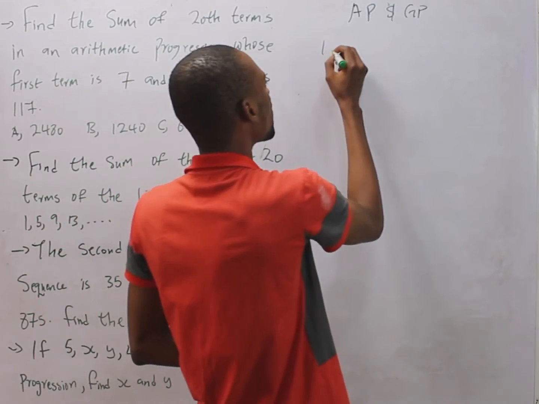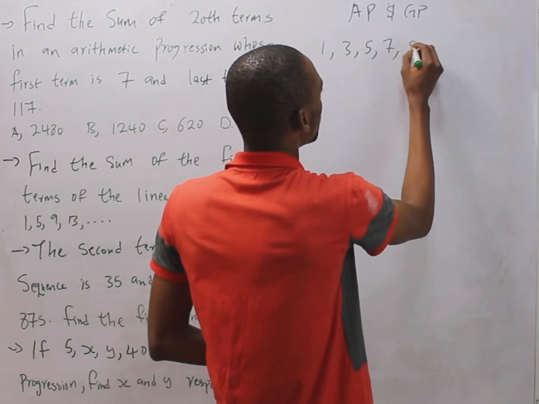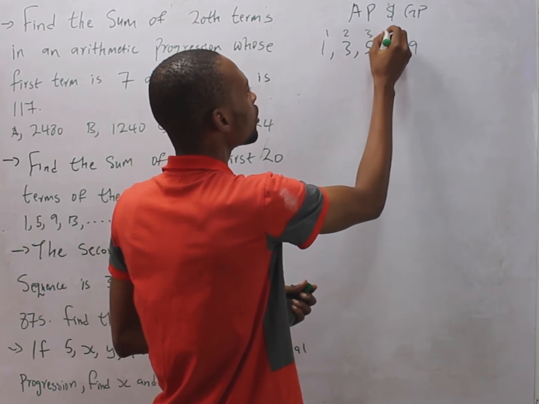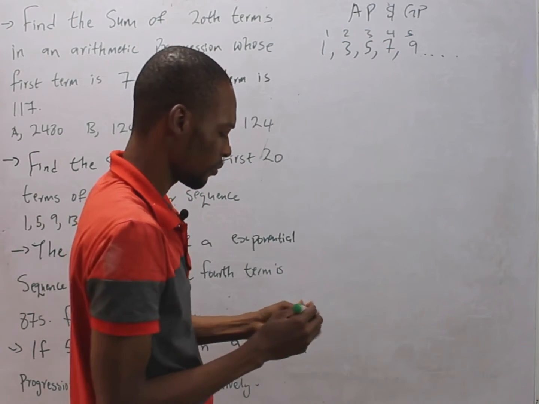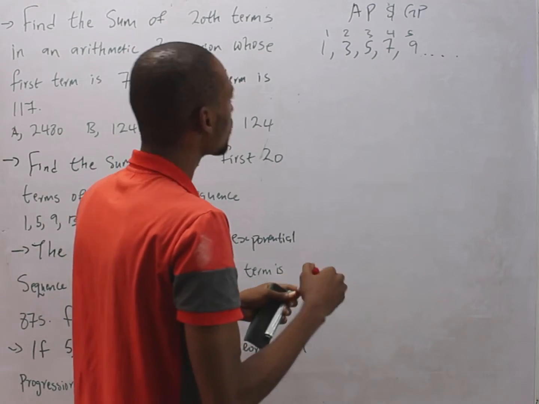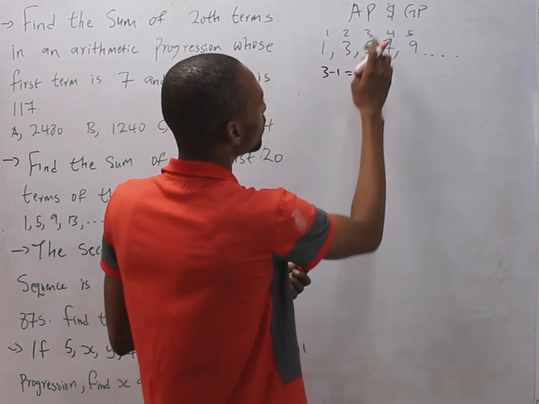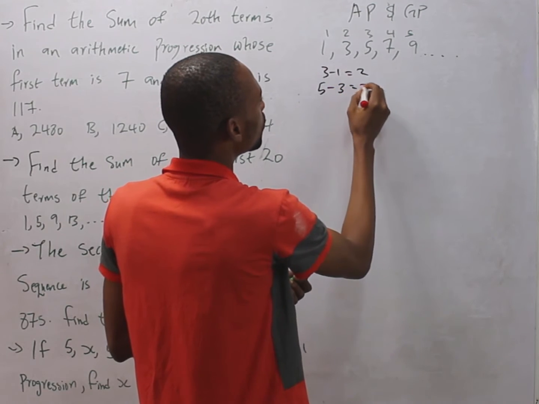If I have 1, 3, 5, 7, and 9, this is the first term, second, third, fourth, and fifth term, and so on. The second term minus the first term is 3 minus 1, and that is 2. The third minus second term is 5 minus 3, that is 2.